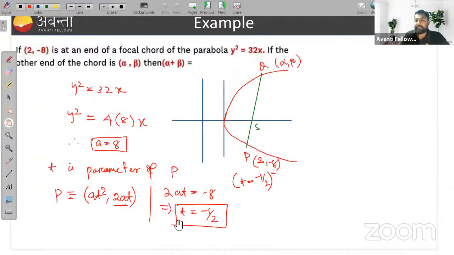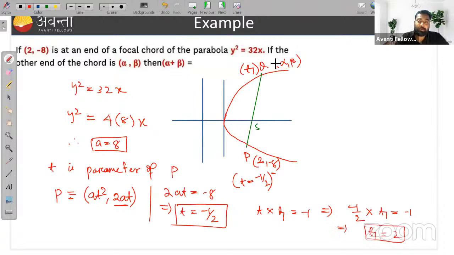So if T1 is the parameter of point Q, then T into T1 will be minus 1. We know the value of T is minus 1 by 2, so minus 1 by 2 into T1 is equal to minus 1. Then T1 will be 2. So the parameter of point Q is 2.